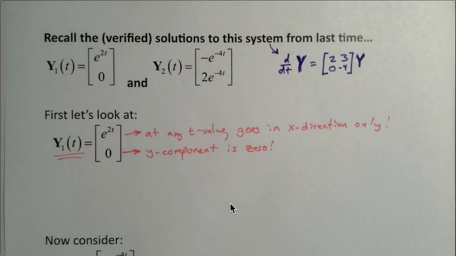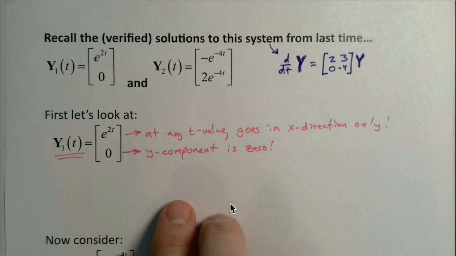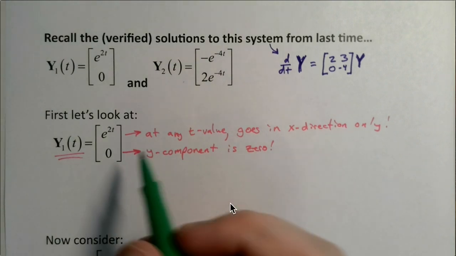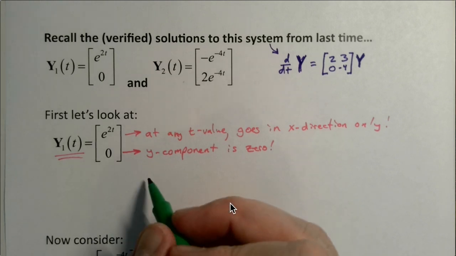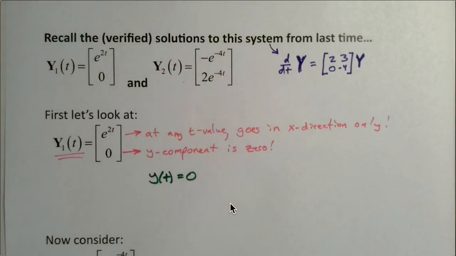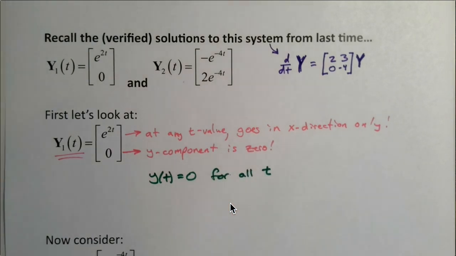So what does that mean this thing would look like? Well, if there's only motion in the x direction and the change in y is always 0, then that means it only moves horizontally. And since this thing is only moving in the x direction and the y is not changing, y of t equals 0 for all t is modeling what this thing is doing, right?